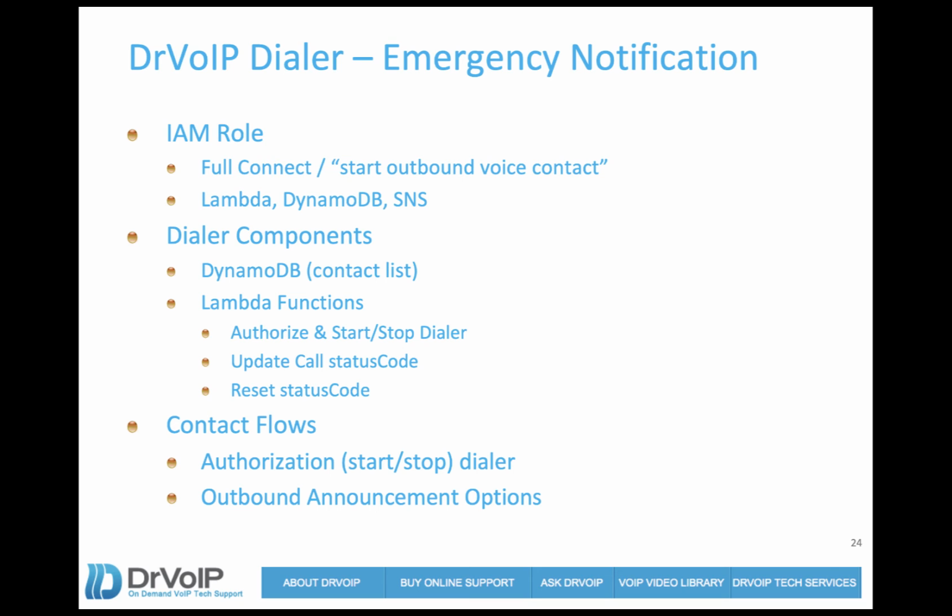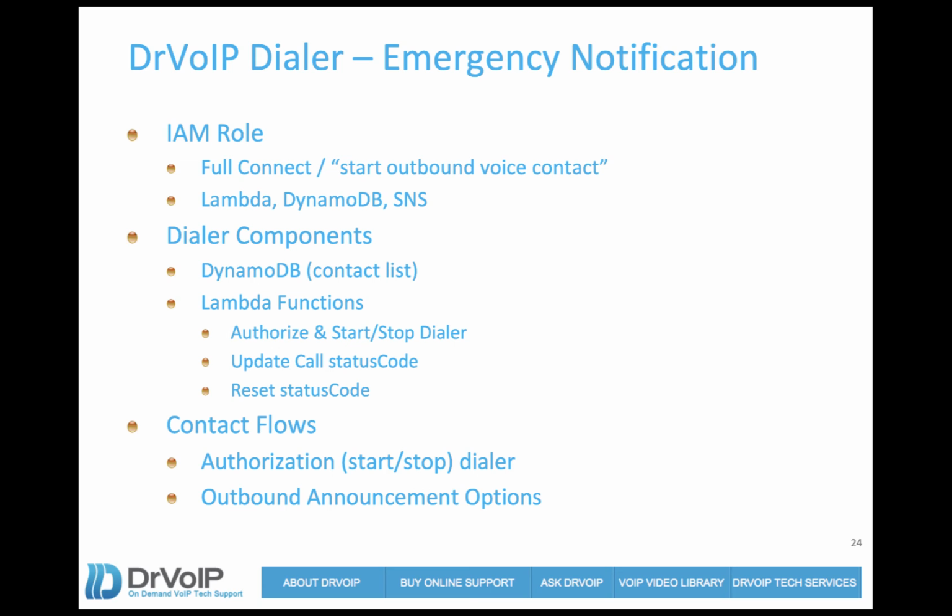It is a function. You can access it, you can modify it, and you can include it in your configurations. But it does require a particular IAM role to fire it off. We're also going to need an IAM role that can take action vis-a-vis Lambda, DynamoDB, and SNS. The dialer components are going to be the contact list, at least for the second application.